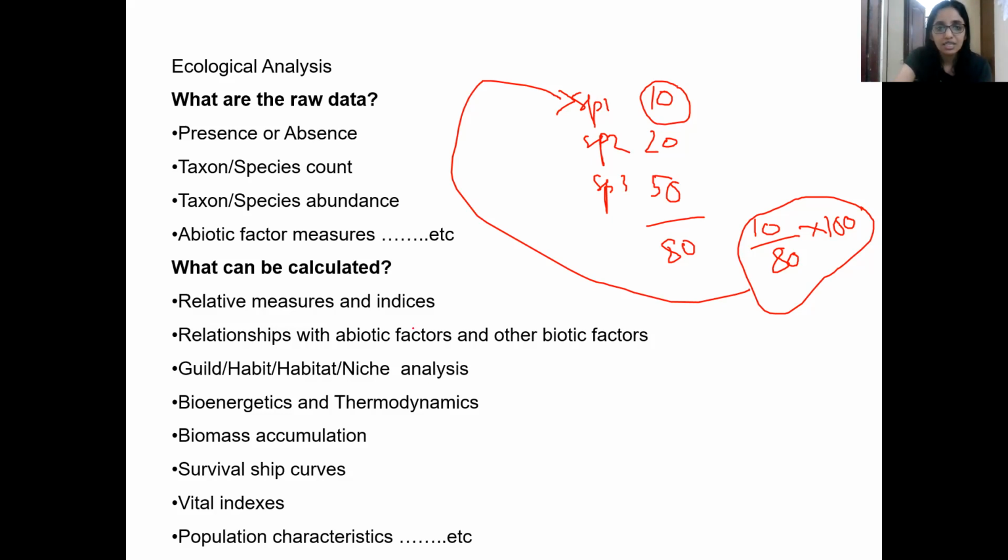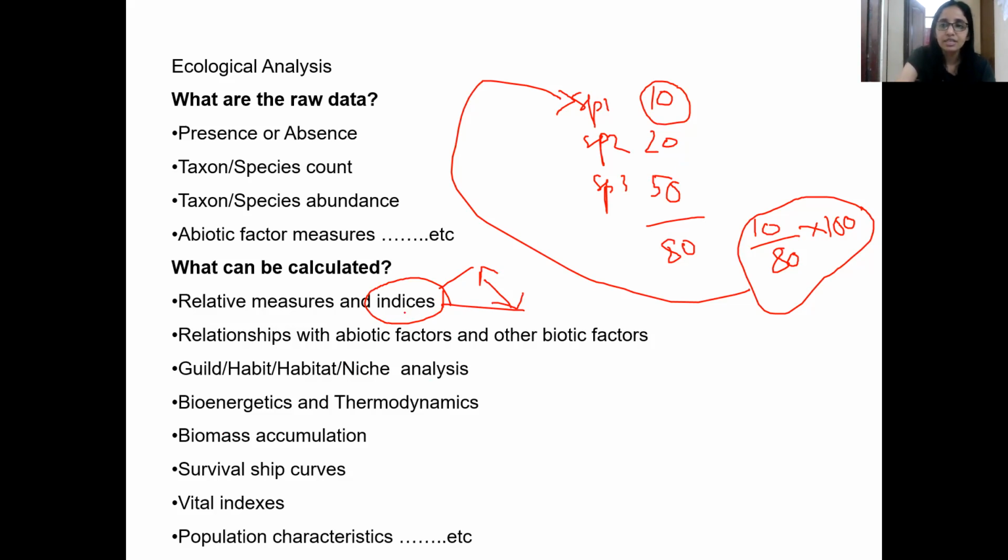That is where indices help you. In your syllabus, you only have to study alpha diversity indices and beta diversity indices. Alpha diversity indices boil down all the data from one particular geographical site, whereas beta diversity helps you compare between two or more geographical sites.